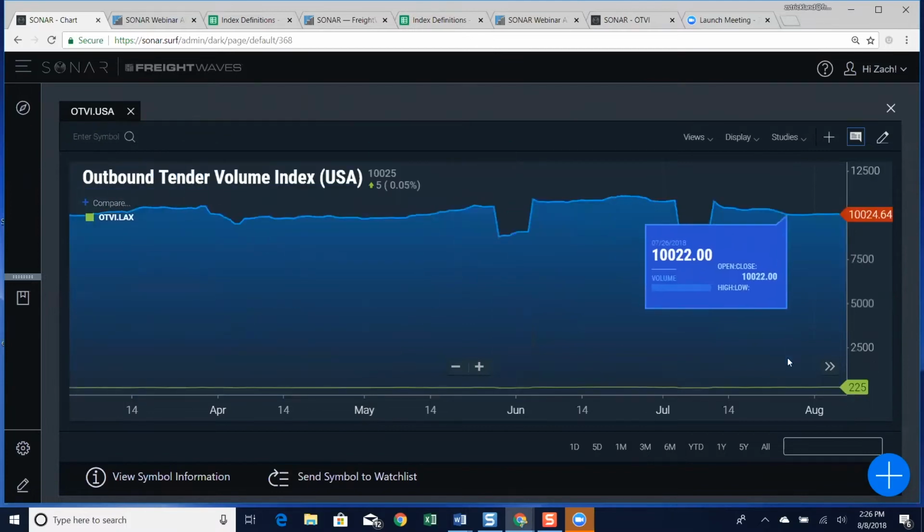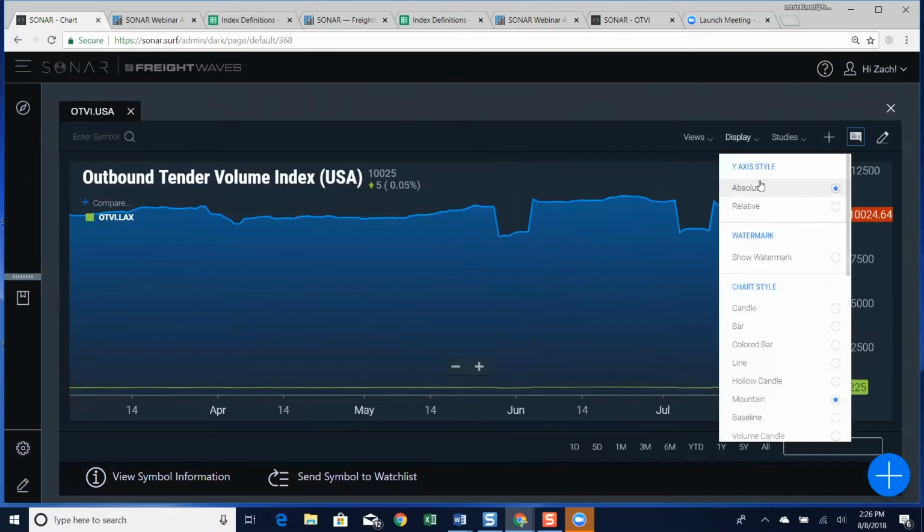Now, this is where it's going to be a little difficult to compare because their scale, 10,000 is hard to compare to 200. You're going to blow your scale off. So you're not going to be able to see that very much. So what you need to do is come up here to the absolute and relative. This is going to change it to a percentage change versus the absolute value of the number.